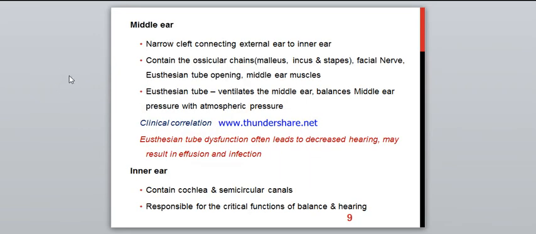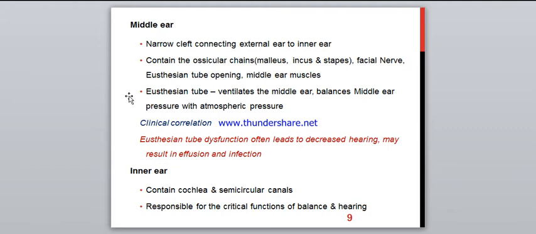The middle ear, which begins at the tympanic membrane, is a narrow cleft connecting the external ear to the inner ear. It contains the ossicular chain, that is the bone chain: malleus, incus and stapes. Other is the facial nerve. It also has the eustachian tube and middle ear muscles. This eustachian tube ventilates the middle ear.